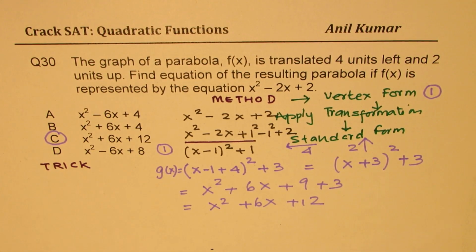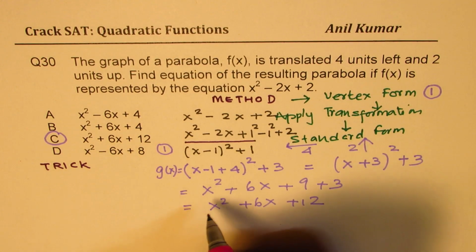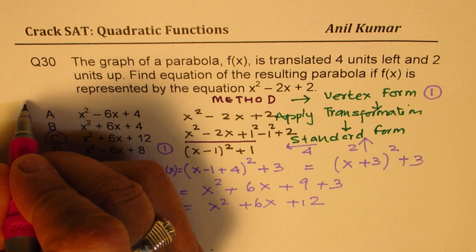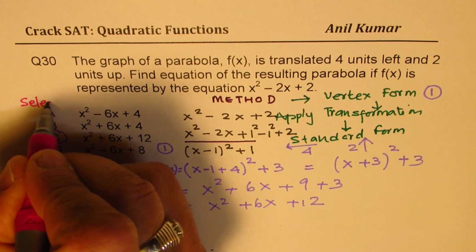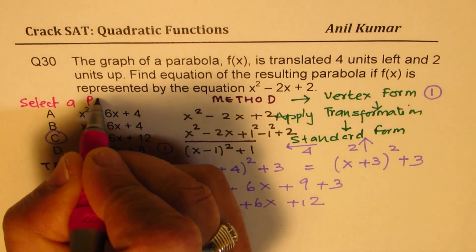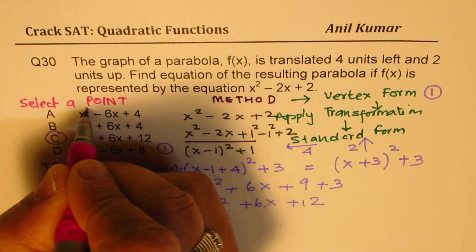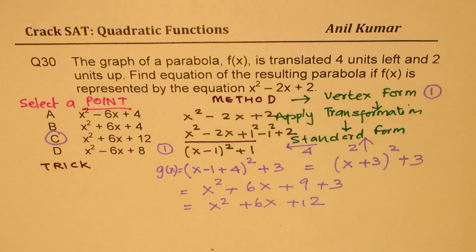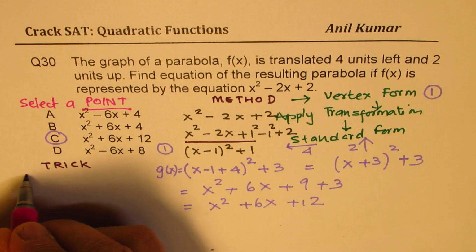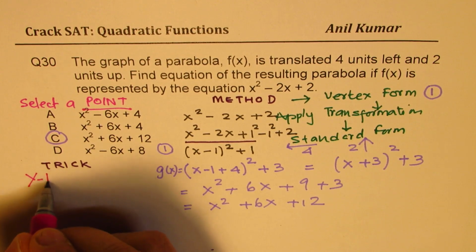Now, let us also talk about the trick. So the trick here is always to select a point, and then work on it. Now the question, what point should we select? The point should be the y-intercept.